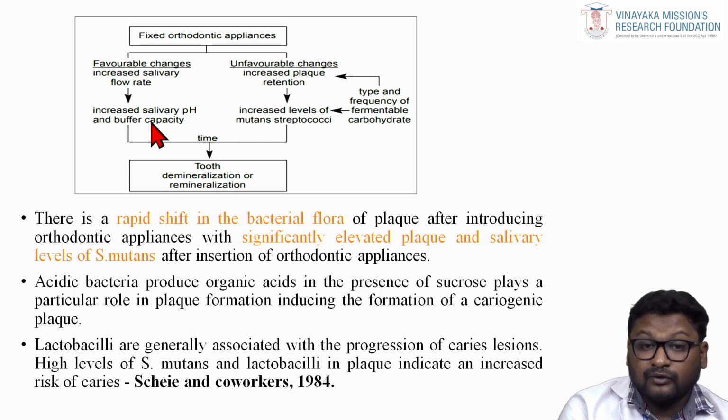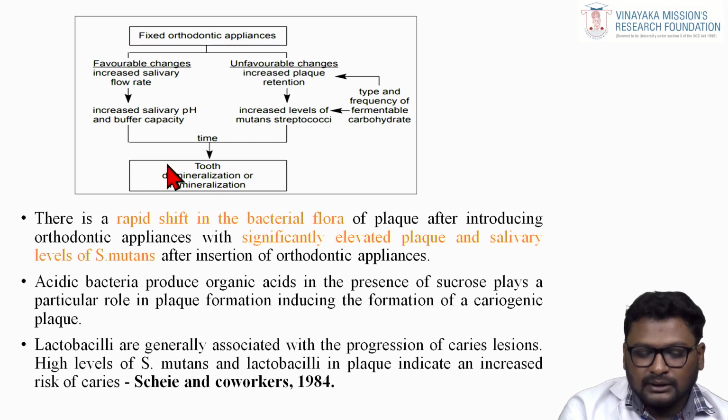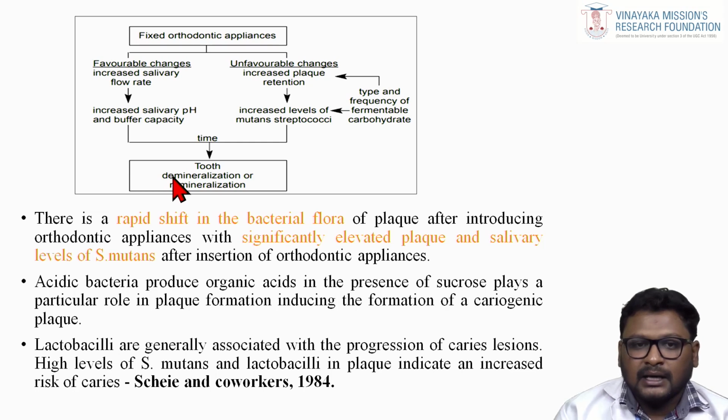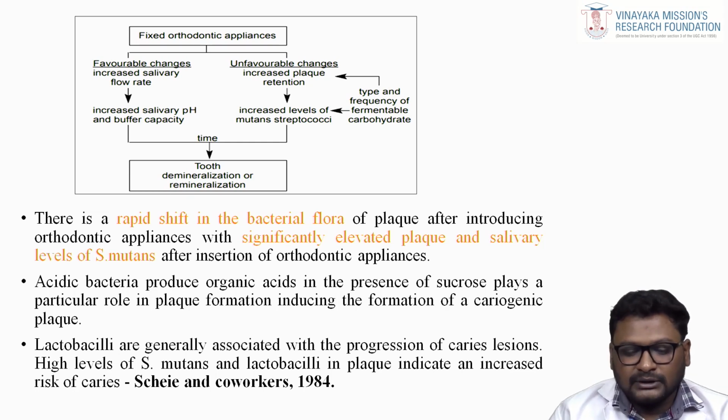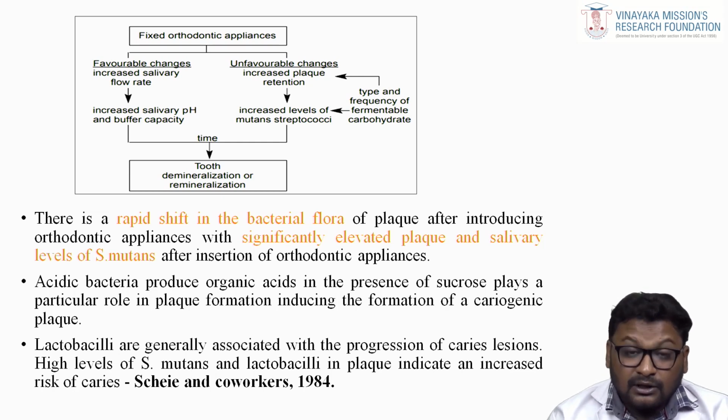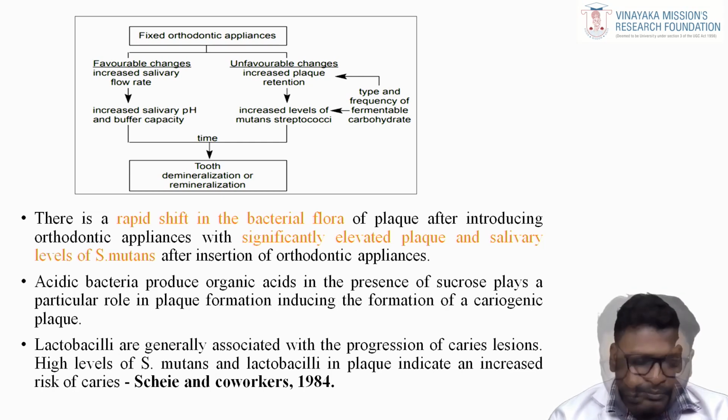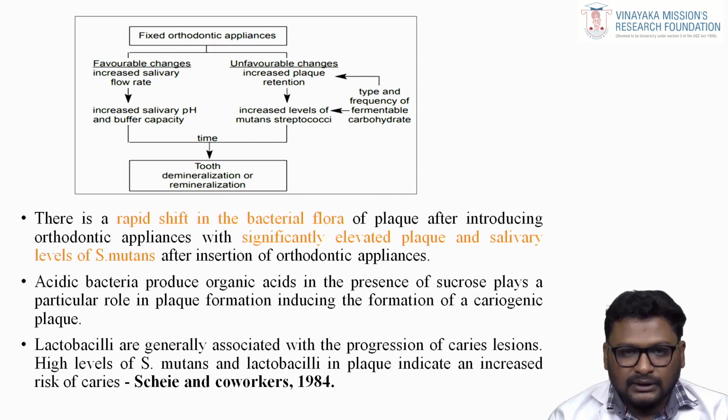That will happen once we maintain proper oral hygiene. If it is favorable, the tooth will be demineralized and remineralized at the proper rate. With unfavorable changes, for example increased plaque retention and production of more acids, the pH of the saliva will be reduced.